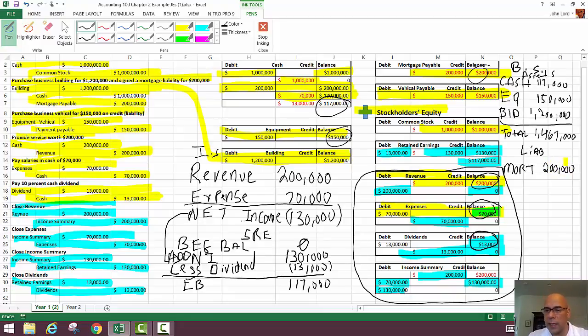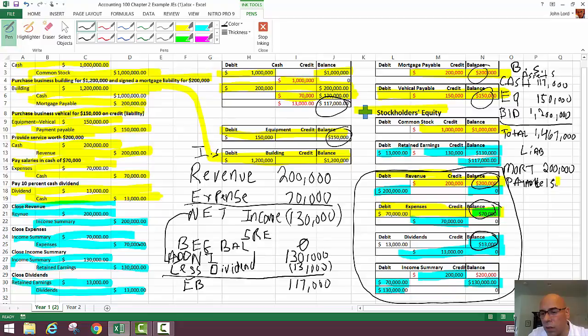What else? I keep looking down there, but I have it right here on my ledgers. That's where I'm supposed to be pulling it from. I have this payable, this liability on the vehicle. The payable here is 150,000.